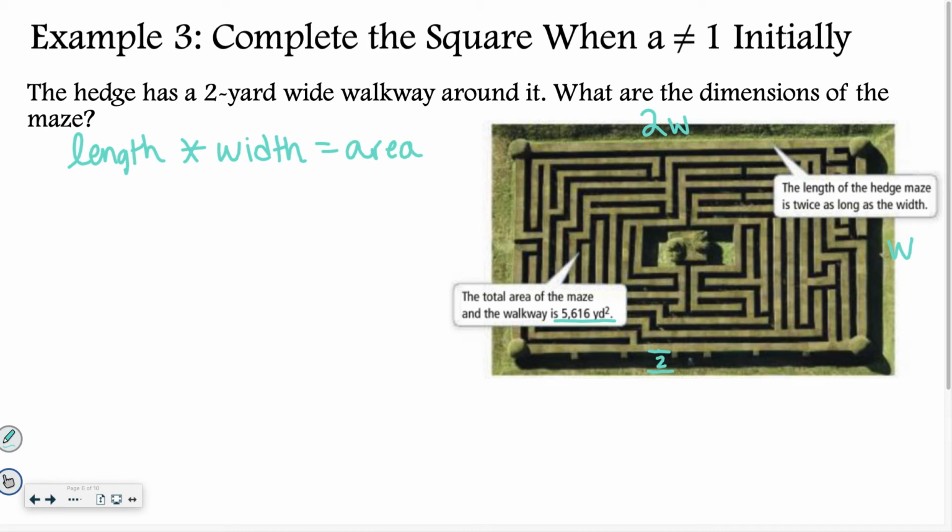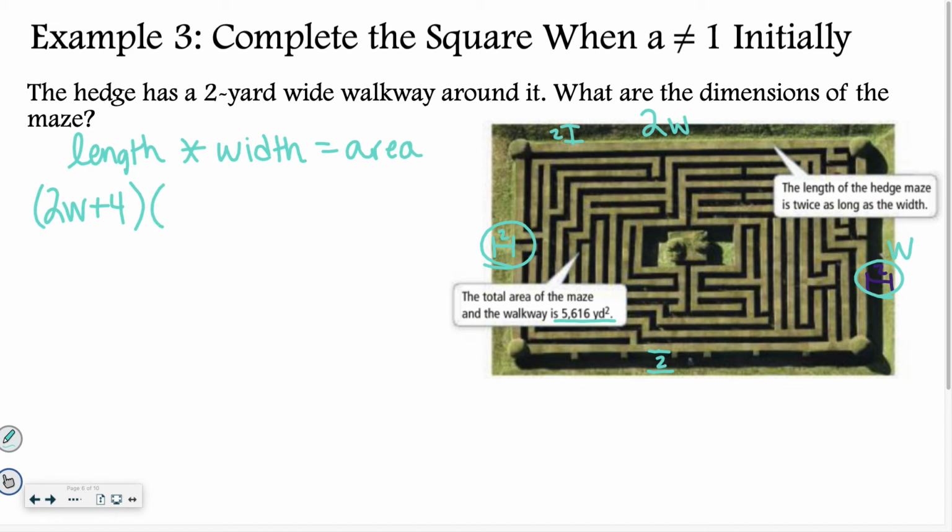Okay, and then I also know that there is a 2-yard walkway in every direction, right? And this is kind of like what we practiced in the last assignment with those rectangle problems as well. So my length is 2W, but then I also have 2 here and 2 here, so that means 2W plus 4 is my length.